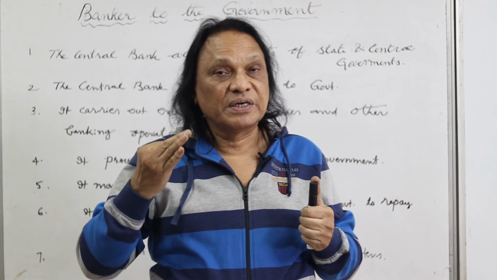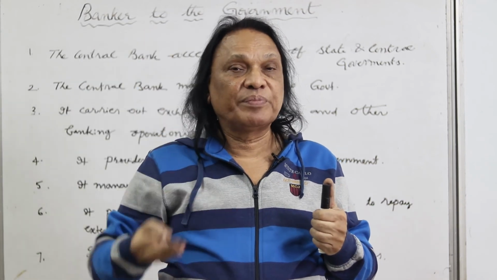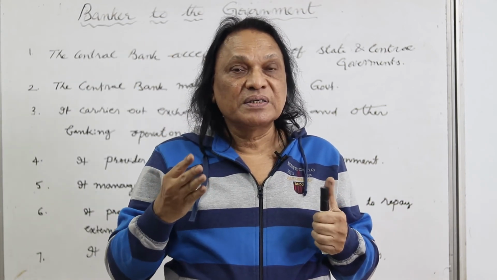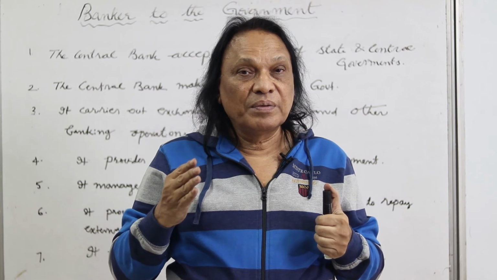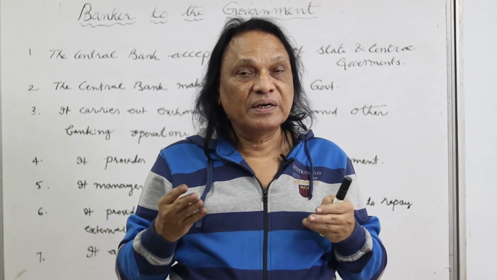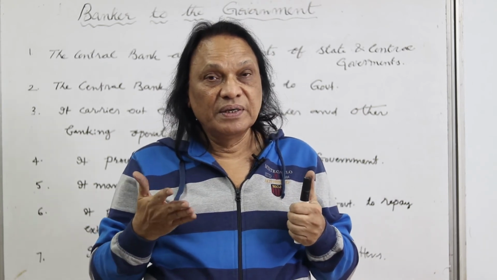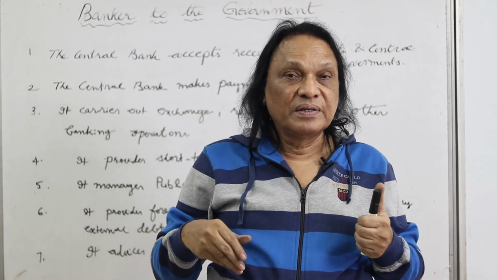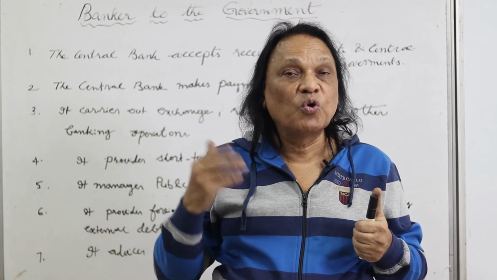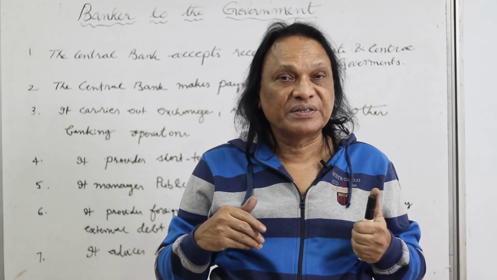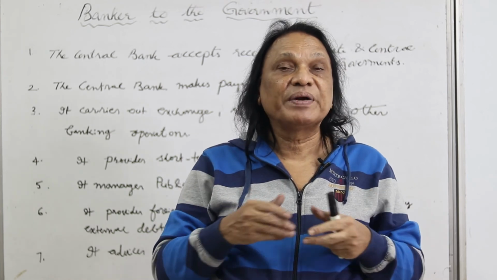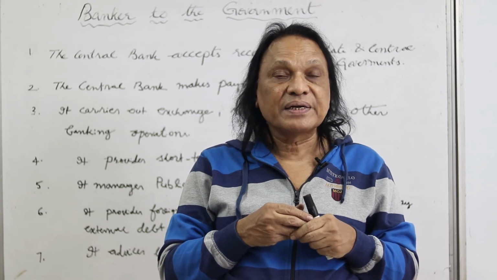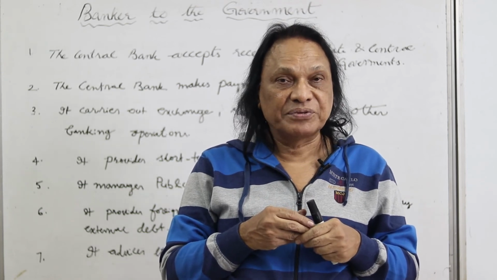The third point, the central bank makes payments to the government. The next point, the central bank maintains public debt of the government. The central bank issues foreign exchange to make payments for the loans the government has taken from other countries. It advises the government on banking and financial matters.